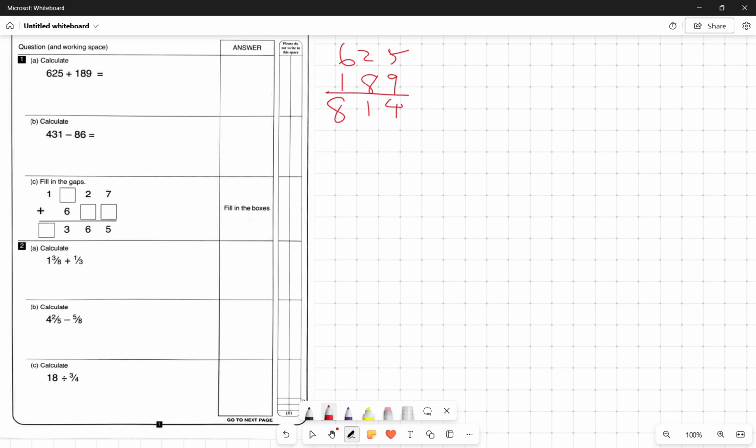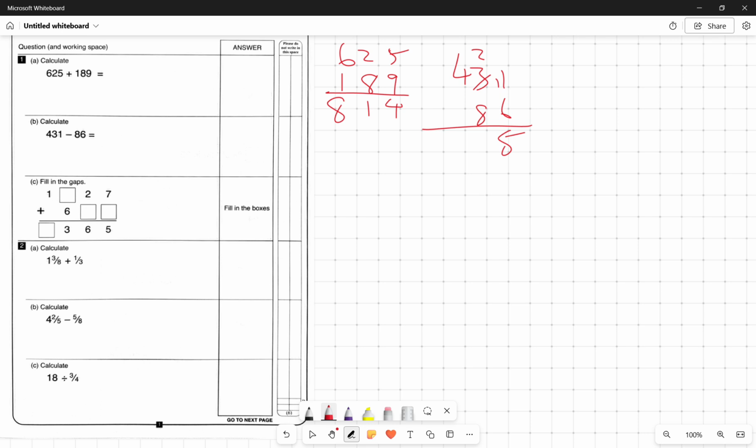And question number 2 is a subtraction. It says 431 take away 86. You can't take away 6, so you cancel 3 by 2, and 11 take away 6 is 5.